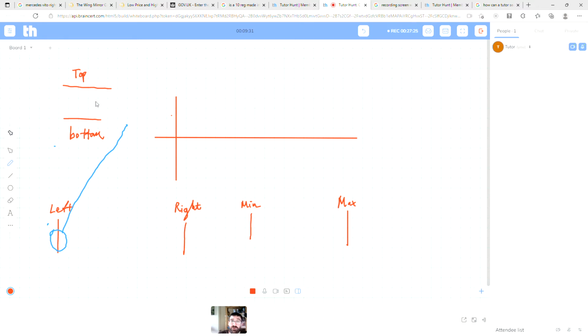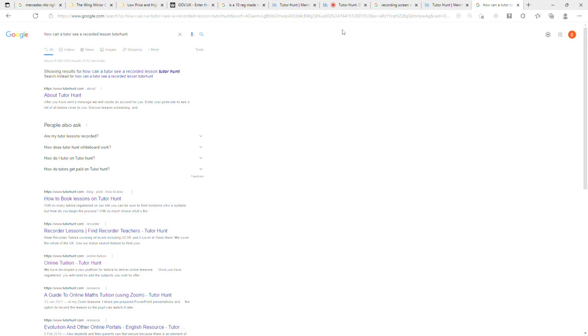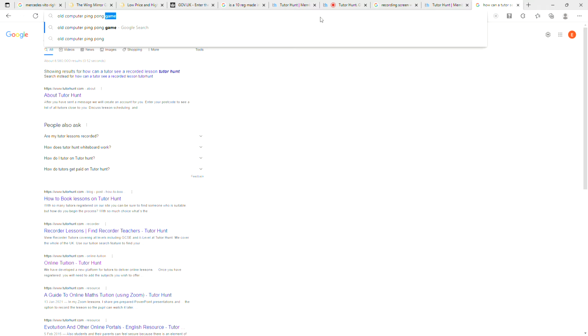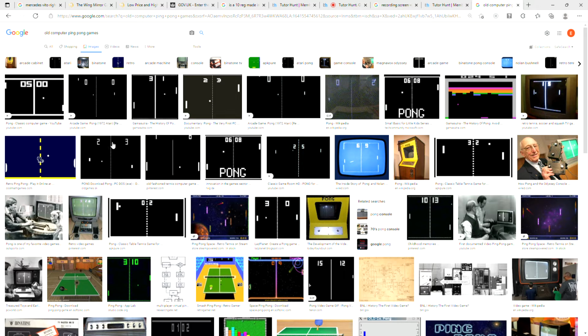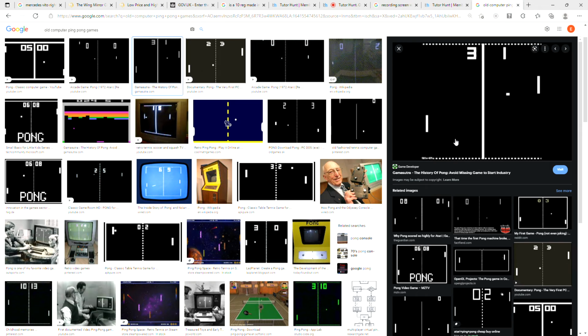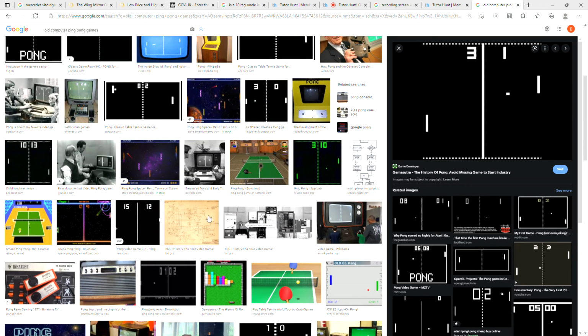Let's have a think of top and bottom oscillations. Do you remember those old computer ping pong games? Yeah, this sort of thing, where you've got a little, well, these are from left to right, so that doesn't help me, but some of them were up and down as well.